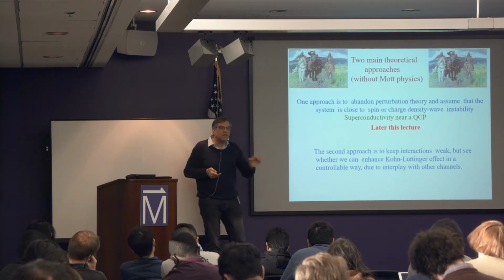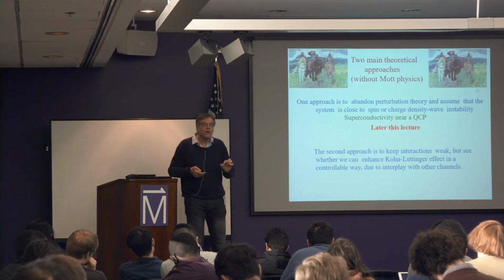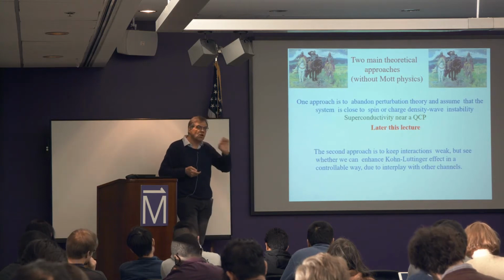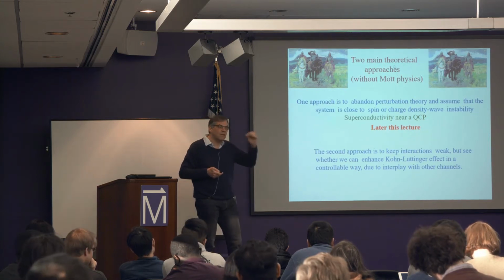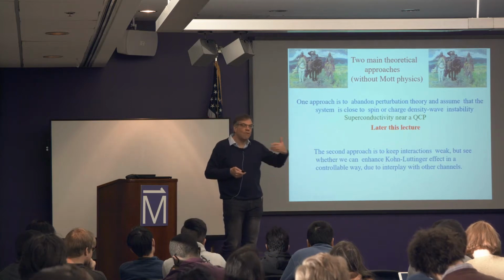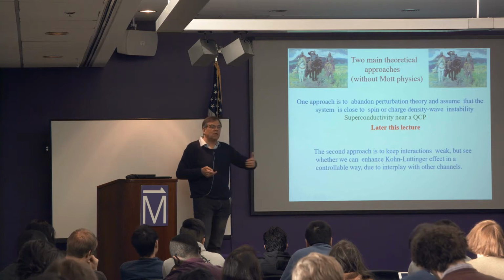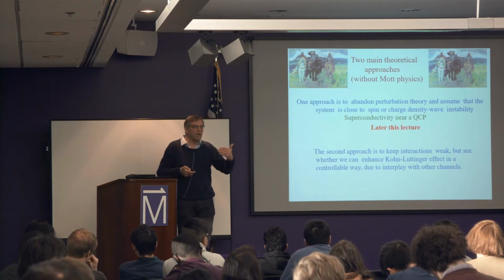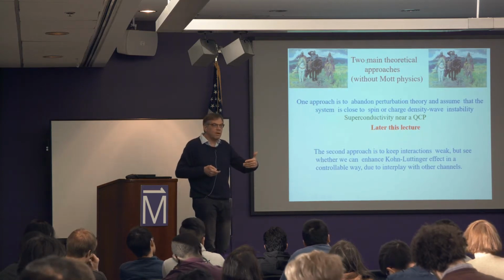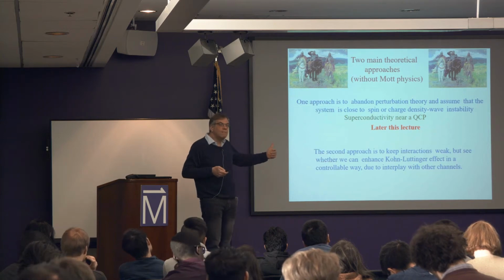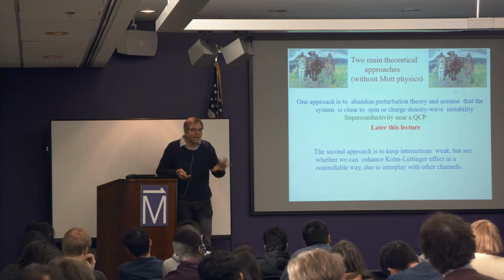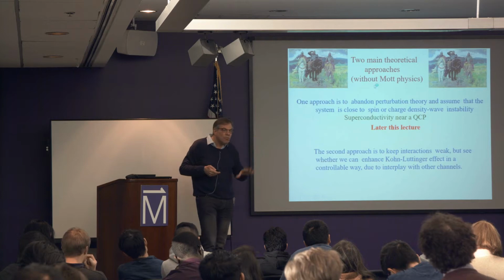The alternative is, let's keep interactions weak. Let's not assume that interaction grows up to make the Fermi system unstable towards some type of order, but let's try to extend perturbation theory to see whether we can rigorously go beyond second order. Because so far, in lecture 1, let me repeat, the Kohn-Luttinger analysis by itself was not second order.